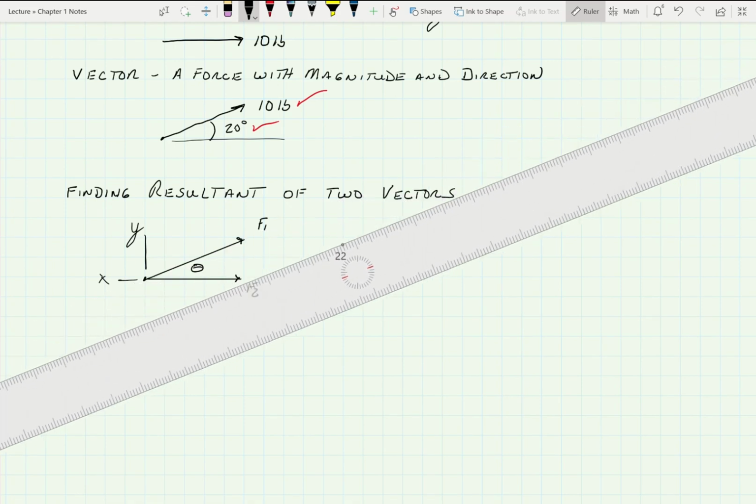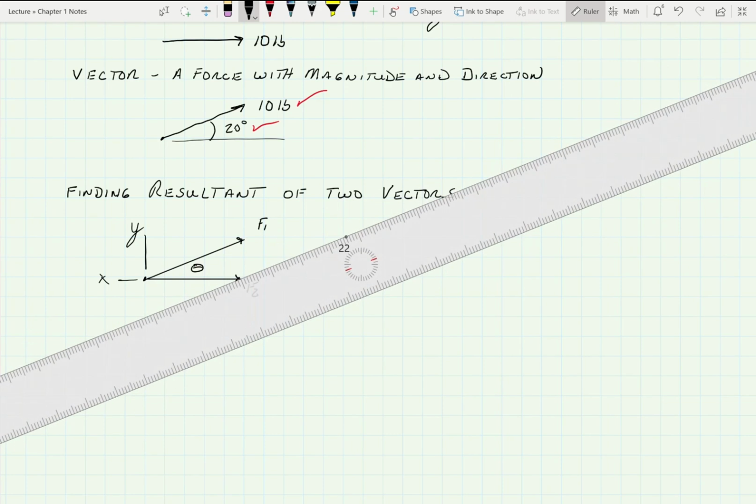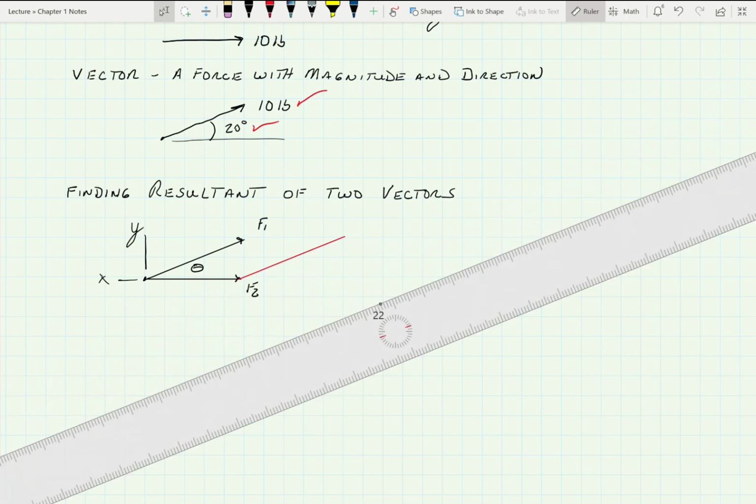So 33. So we're going to go here, and I'm going to draw this. Actually, I should draw that in red so you can see the difference. I'm basically transposing the force F1 at the tip of F2. So we'll call this F1 prime.